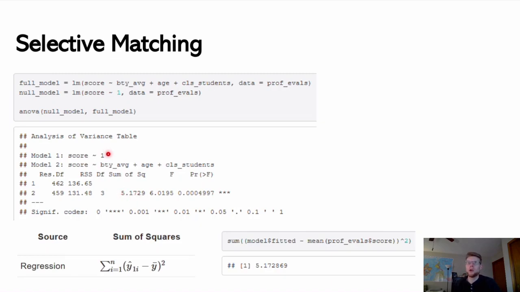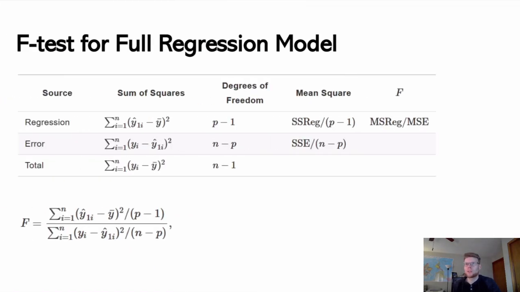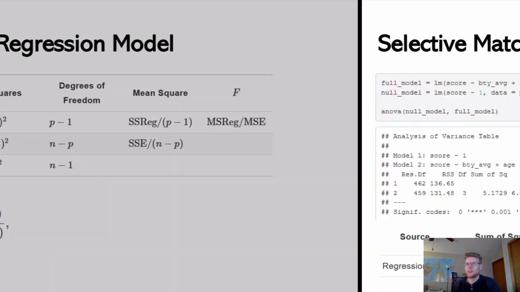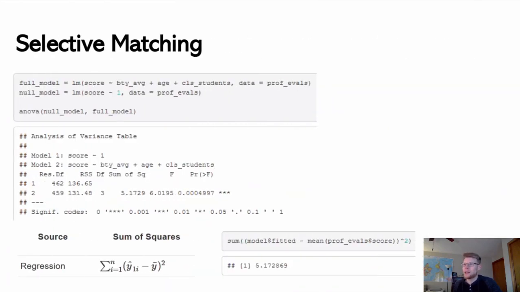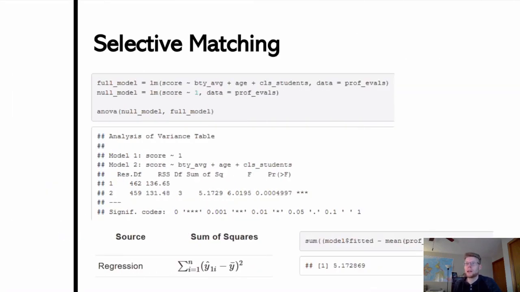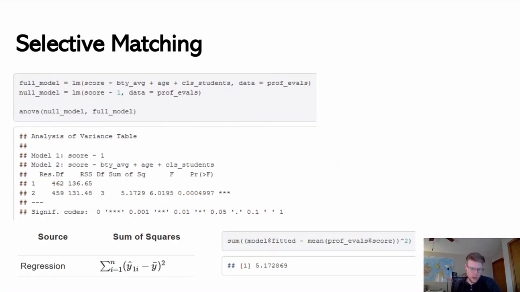So if I do an ANOVA and compare these two models, if I compare the null model to the full model, I would get this ANOVA table that's being generally described over here. And I can verify any value in this table that I want by doing the relevant calculation for that cell. So I just did this for demonstration that, again, it's not magic. It might feel like that, but these are real calculations being inputted that we could verify if we wanted to.